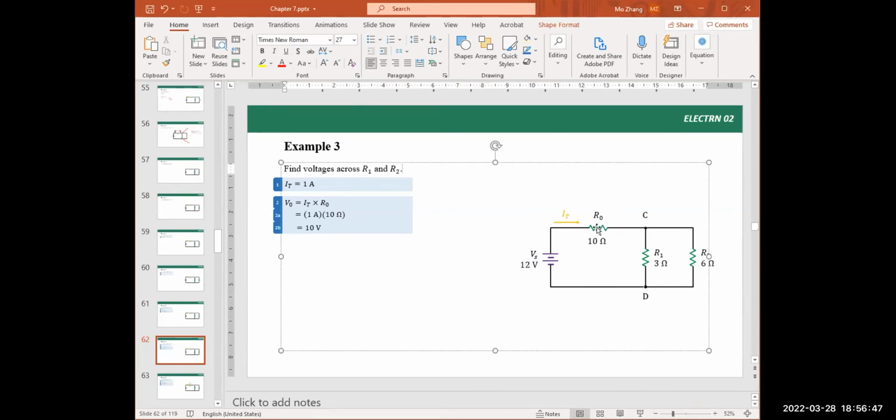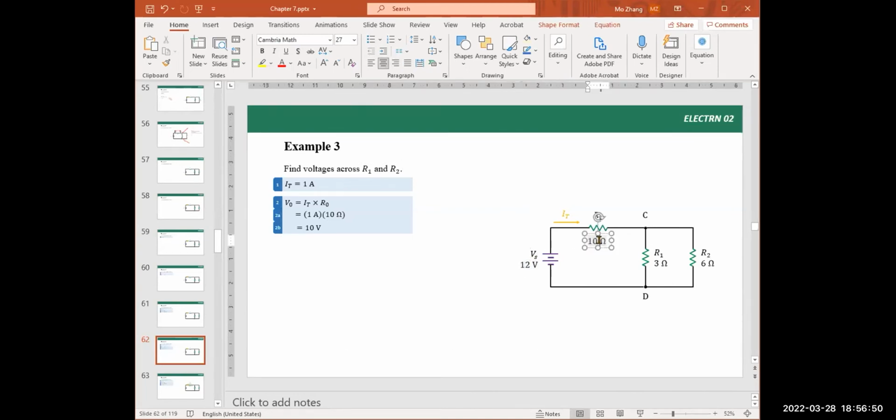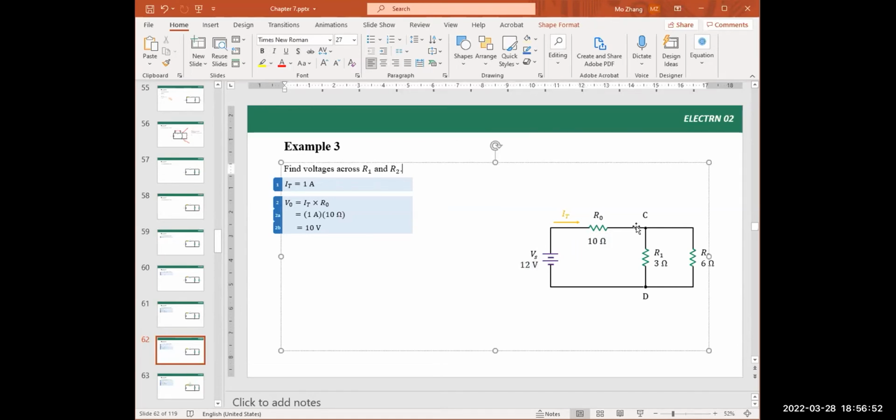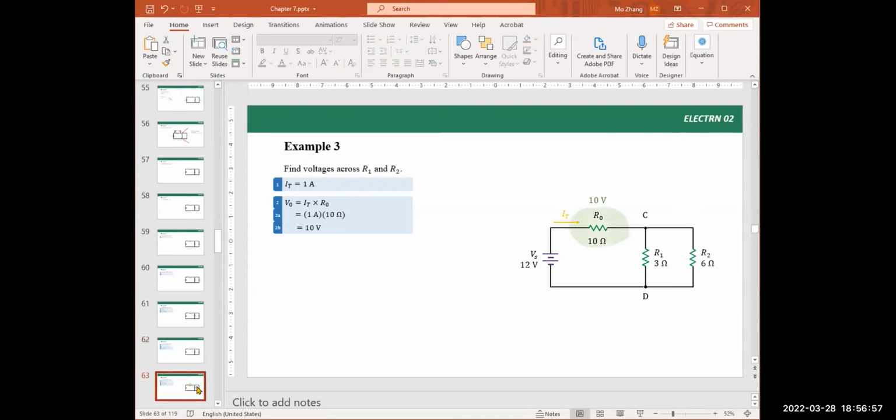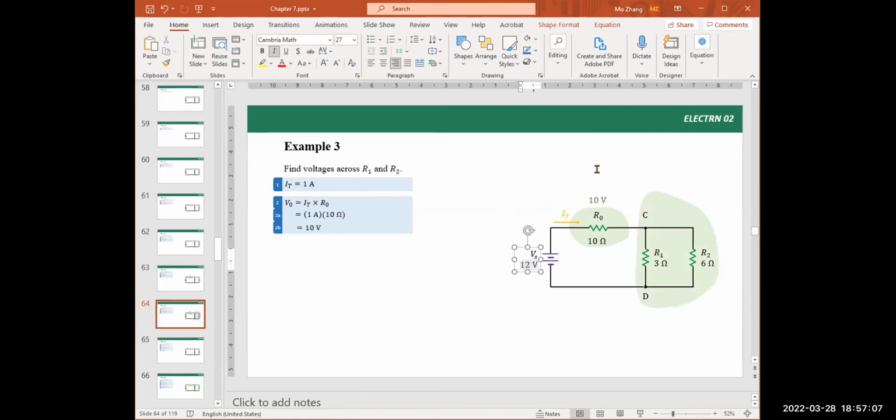So the leftover should be 12 subtract 10, 2 volt over here. So here takes 10 volt, and the remaining part takes 12 subtract 10 equals 2 volt. In other words, 2 volt is between node C and D. 2 volt is across R1, 2 volt is across R2.